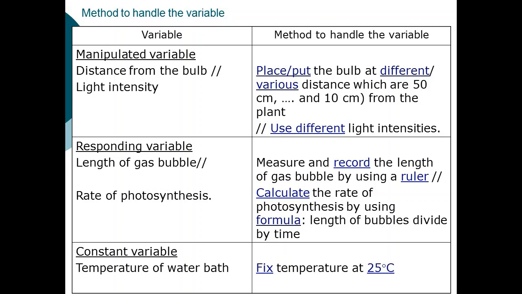For the RV, the method to handle, measure and record the length of gas bubble by using a ruler, or calculate the rate of photosynthesis by using formula, which is the length of bubbles divided by time. For the CV, we fix the temperature at 25 degrees Celsius.